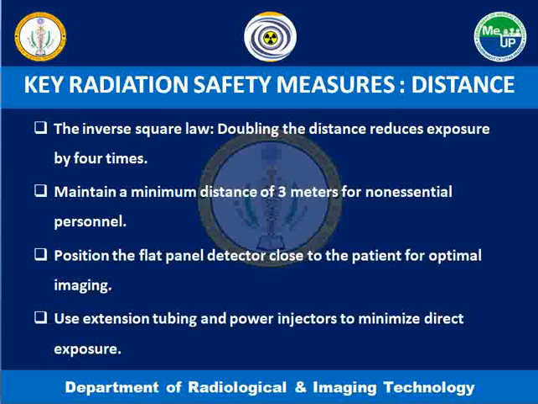Additionally, positioning the flat panel detector as close to the patient as possible helps optimize image quality while reducing unnecessary scatter radiation. Furthermore, using extension tubing and power injectors allows medical staff to operate equipment from a safer distance, minimizing direct exposure to ionizing radiation.